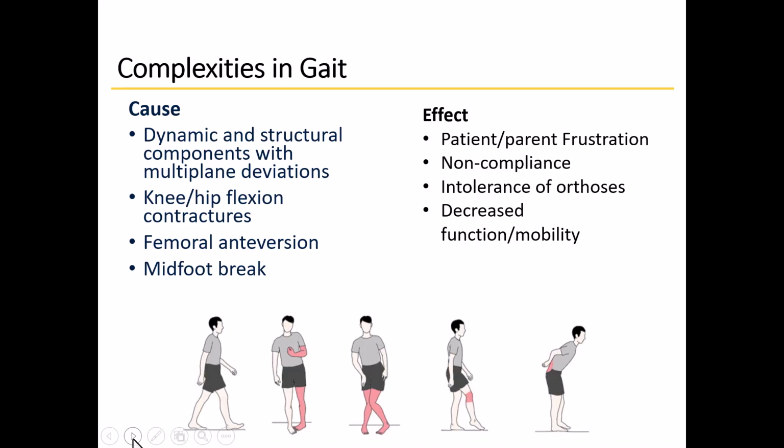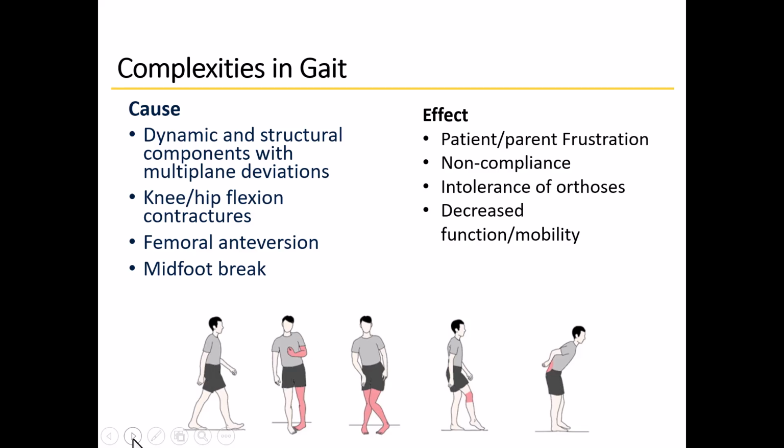So when we think about the two patients that we just saw, we think about all the complexities in gait. So there was a lot of different dynamic or structural components with multiple planes of deviation in the frontal, sagittal, and coronal planes. And some examples of this could be knee flexion contractures, femoral anteversion, or midfoot breaks.